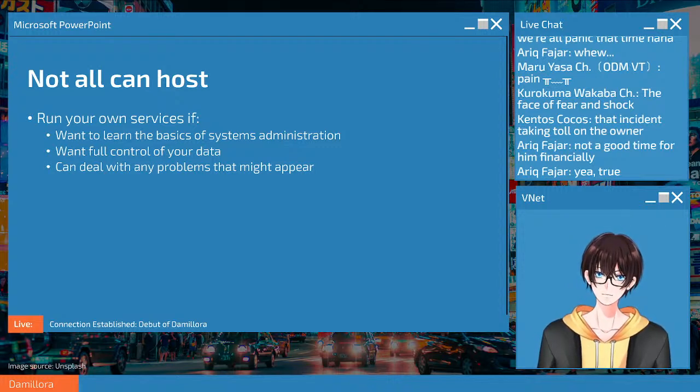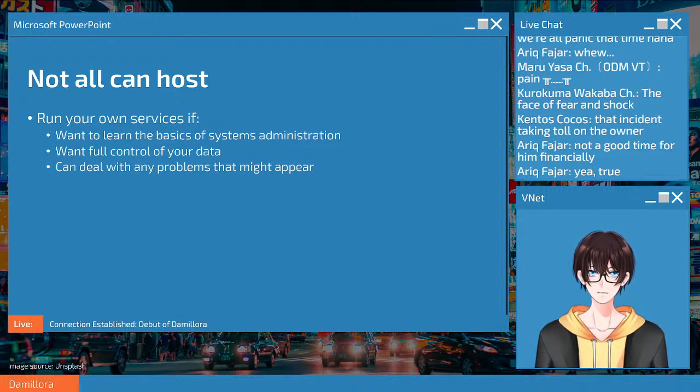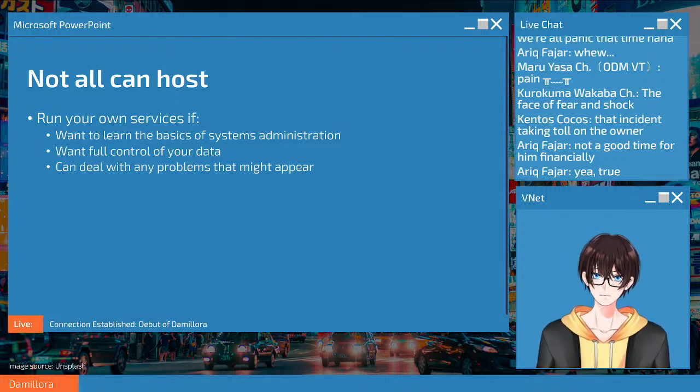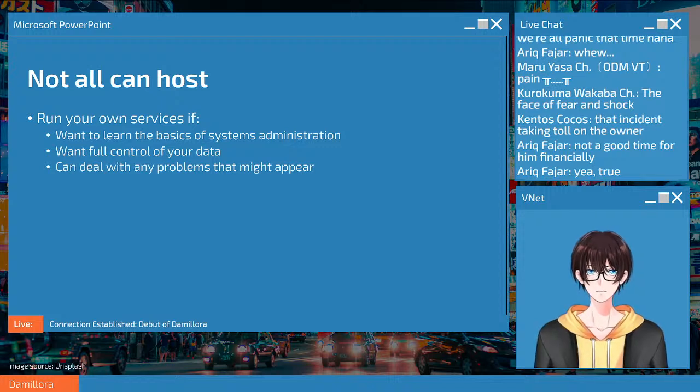Two, you want full control of your data, you want to host your own files, your own schedule, for example. And then finally, you can deal with any problems that might appear. If a service that you rely on is something that you host yourself and then it suddenly goes down, it is up to you to fix that.